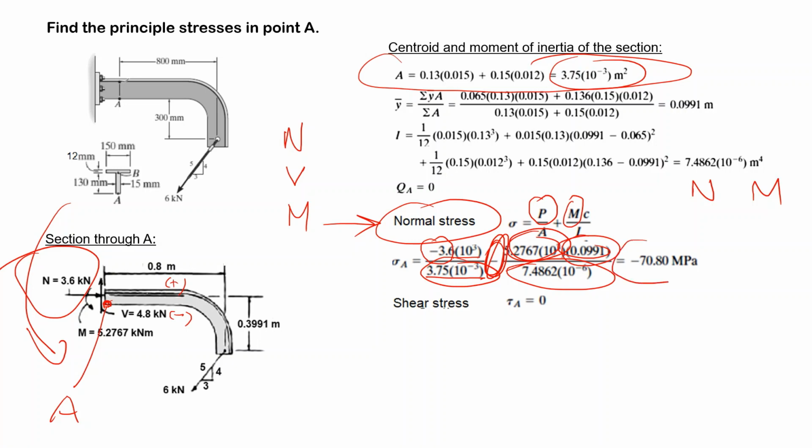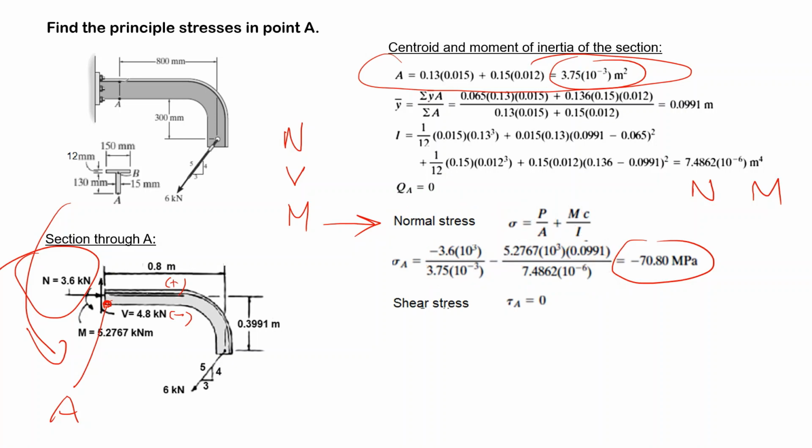And the sigma is calculated as the sum of these two effects. The first one is the effect of the normal force, and this is the effect of the bending. The result will give you minus 70.8.